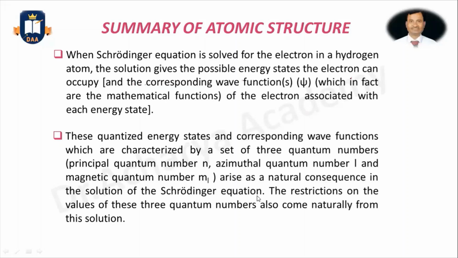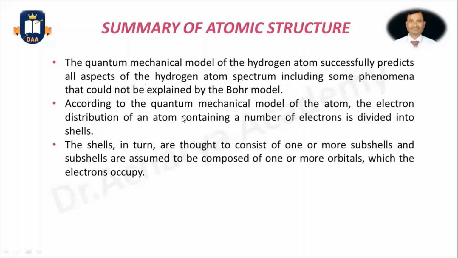Please go through my previous class, then you will understand these quantum numbers clearly. This quantum mechanical model of the hydrogen atom successfully predicts all aspects of the hydrogen atom spectrum, including some phenomena which could not be explained by Bohr's model.